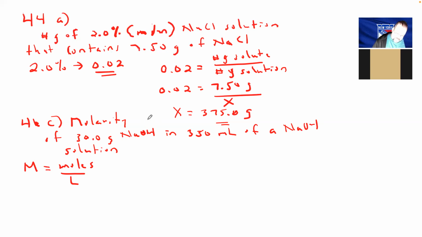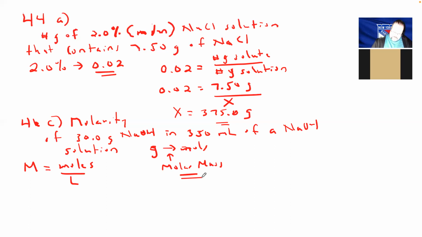So, how do we go from grams? Let's do the grams of sodium hydroxide first. How do we go from grams to moles? Well, as we learned, the way we convert between grams and moles is that we have to use the molar mass. Again, whenever you convert between grams and moles, you have to use the molar mass of that substance.